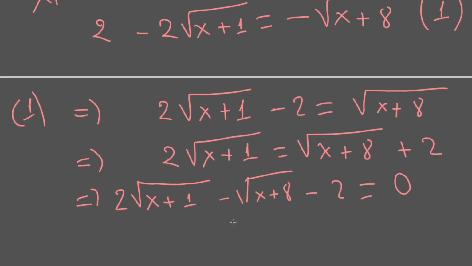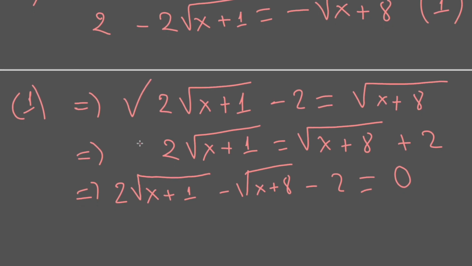Next we would square both sides of the equation again, but which one do you think is better to apply the next step? For me, I will select the first one. Why?